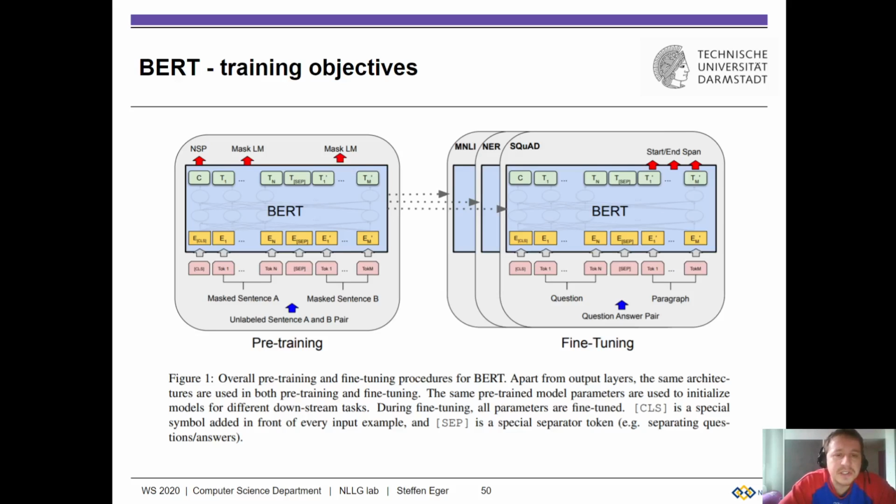And solving such a task is actually intuitively plausible, because if you know the missing words, you really acquire language understanding, right? So in this way, it's hoped that BERT is acquiring general language understanding, and then you can apply this by doing some fine-tuning on your specific task. Your specific task could be anything. It could be named entity recognition, question answering, whatever you have, right?